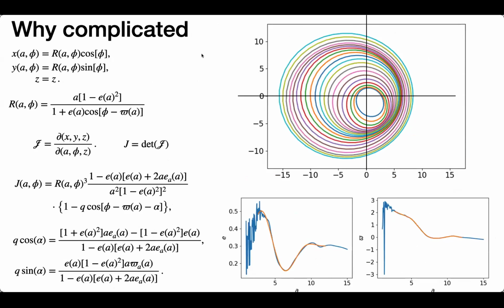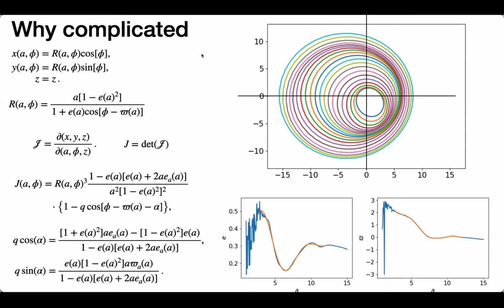This is a snapshot showing what I mean. As soon as the disk starts twisting, or you have a profile of the eccentricity, orbits start clustering, producing an overdensity. You need to account for this when initializing your disk.